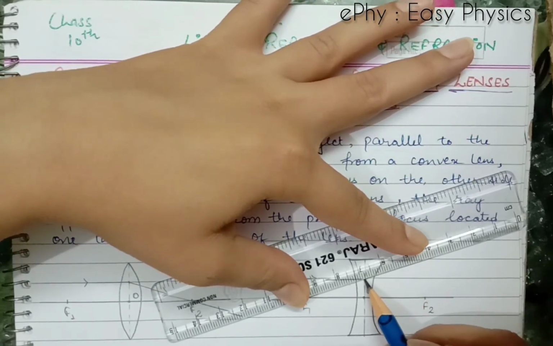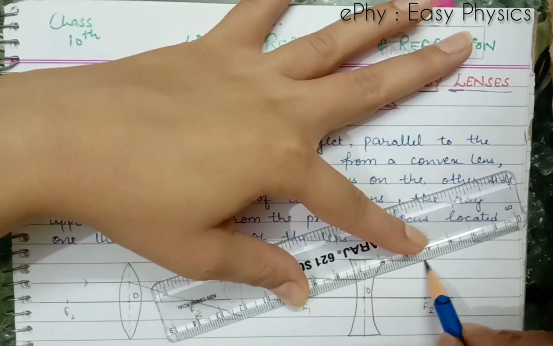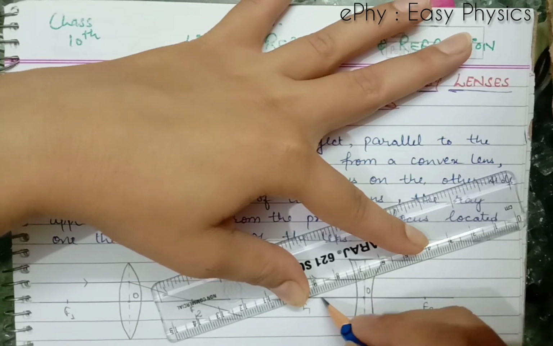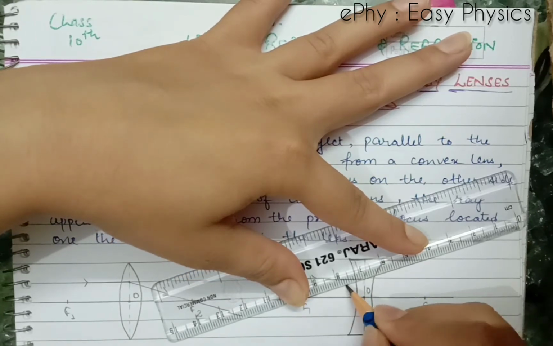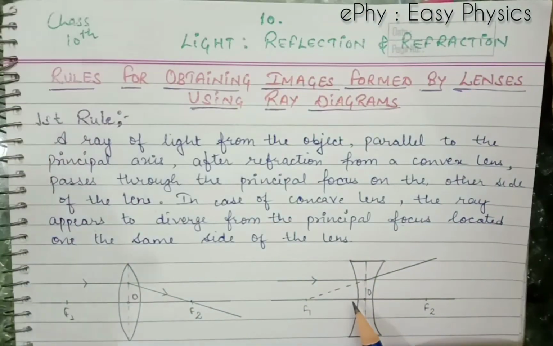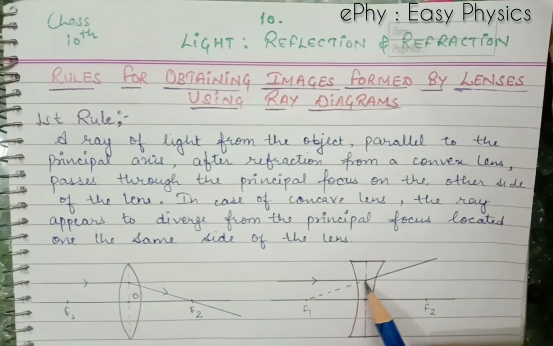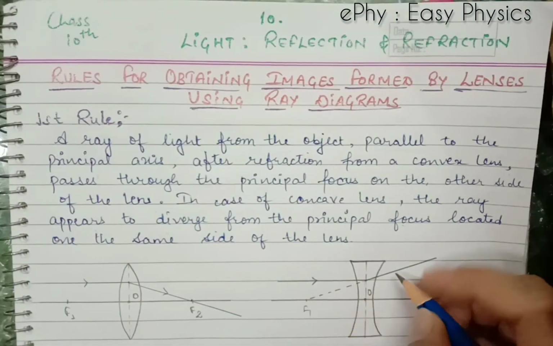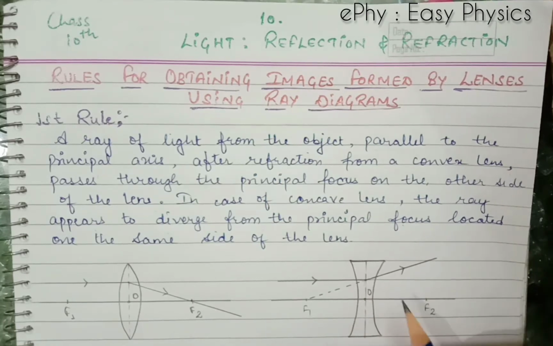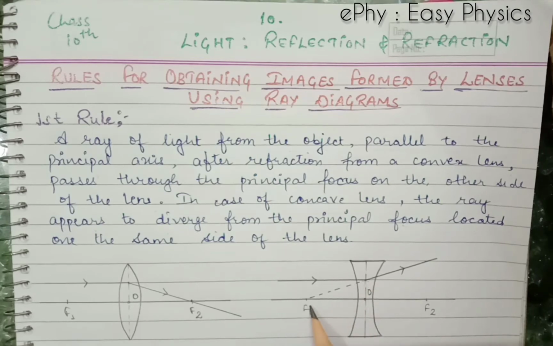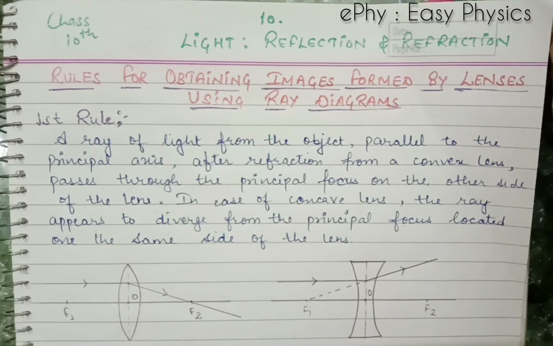We will draw a solid line after the middle of the lens and extend it towards F1 as a dotted line, because it is a virtual ray of light and this is the real ray of light which will diverge in such a way that it appears to be coming from the focus on the same side of the lens. So this is the first rule.